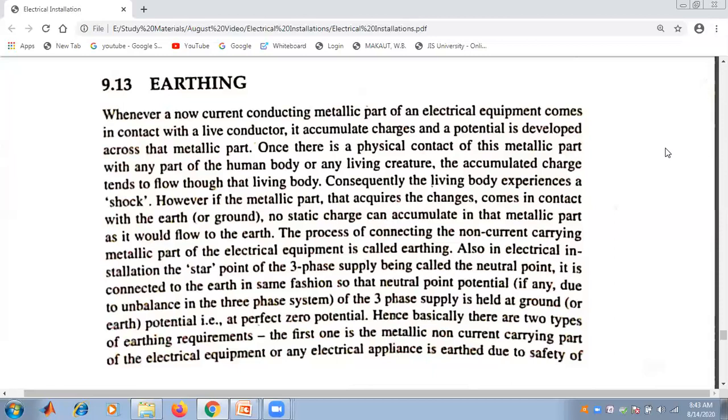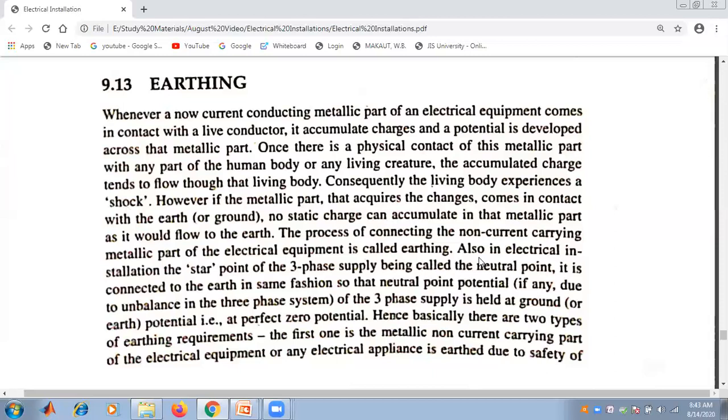So the living body will experience a shock, as we say in our daily life, that I am getting a shock from the electric circuit. What are the basic phenomena that work behind the shock? When a person gets shocked, what is happening behind that particular shock phenomenon?